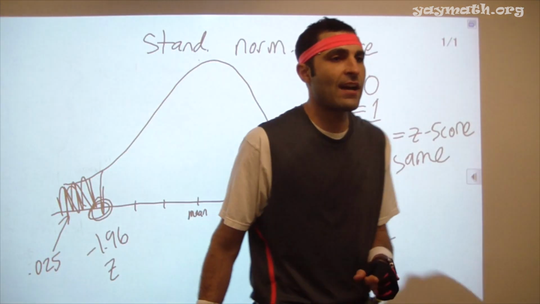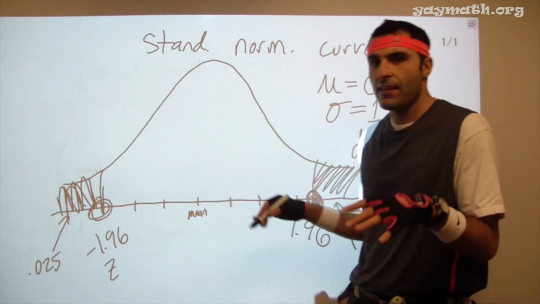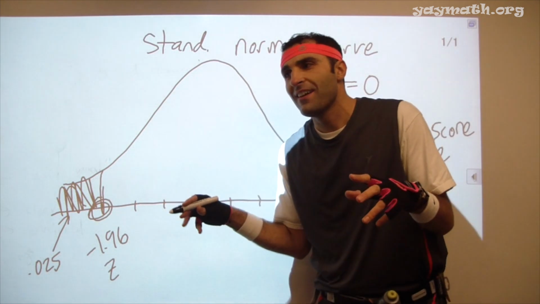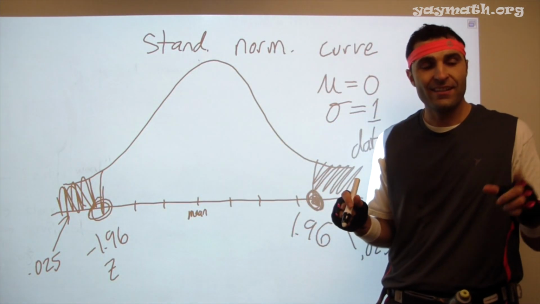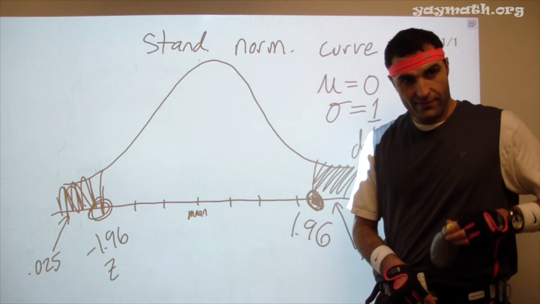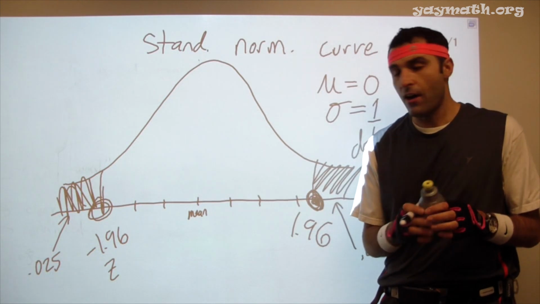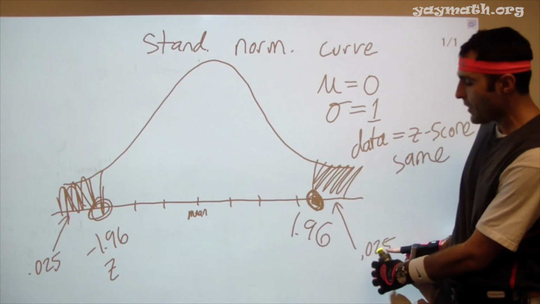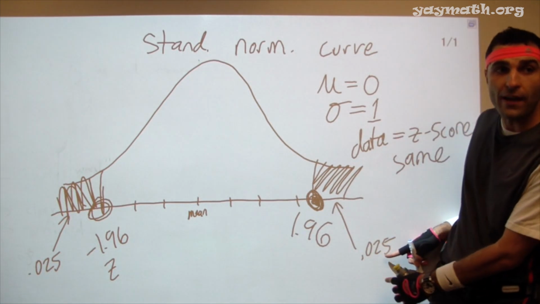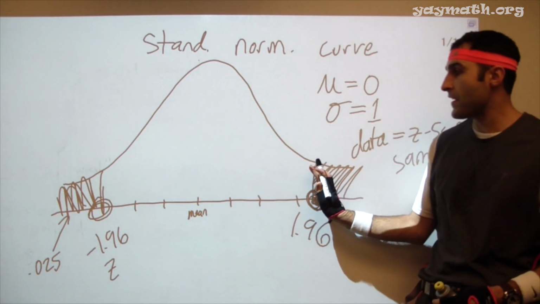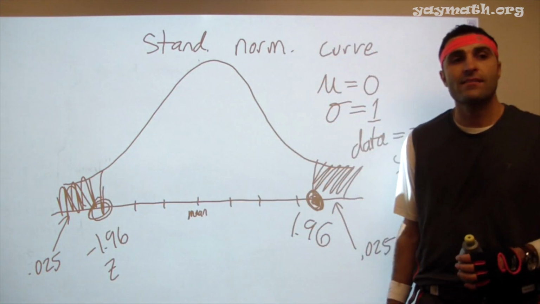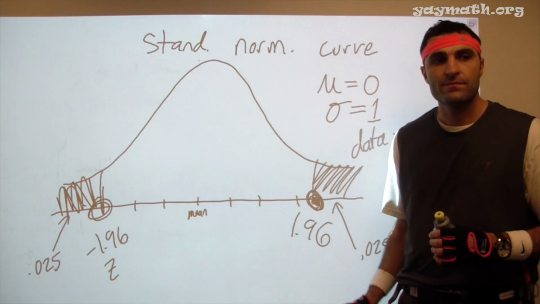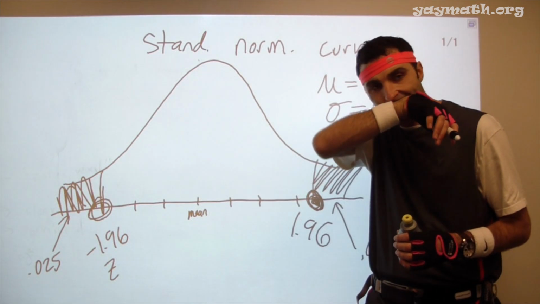Would you like to do this on the calculator now too? I see eyes like, oh, I can't handle more info. What is the 0.975? If this is an area of 0.025, wouldn't everything to the left be 0.975? So what's the z-score for it, also 1.96?